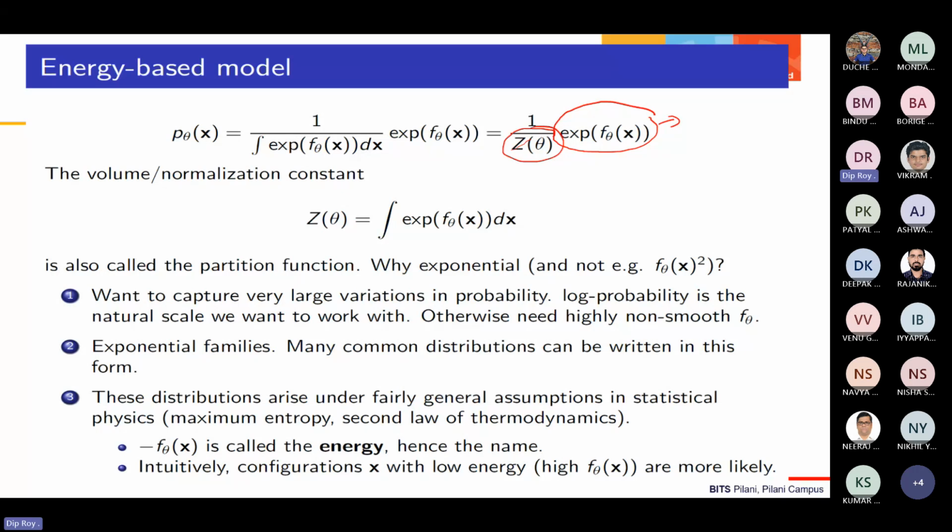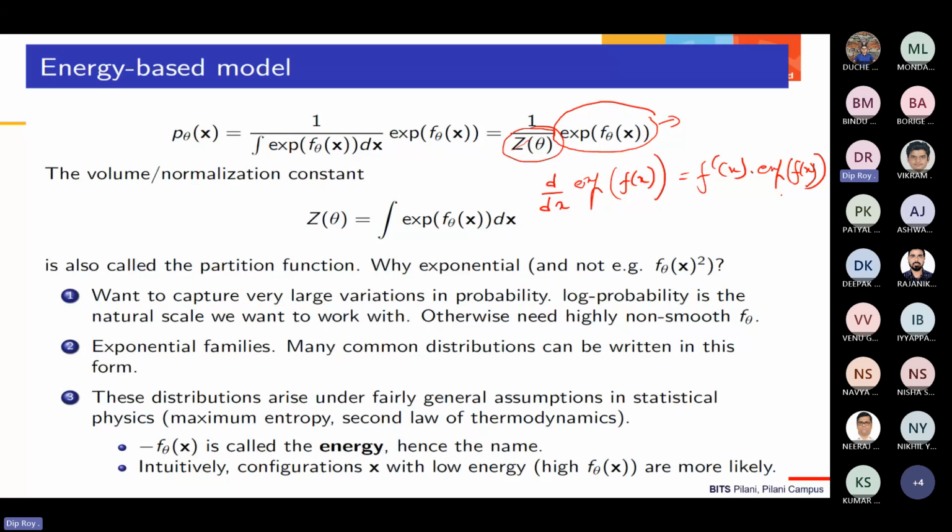The key reason is that exponential functions grow or shrink very rapidly. Okay. So if you were to take, let's say, d of x of exponential of f of x, this is going to become f prime of x times exponential of f of x.